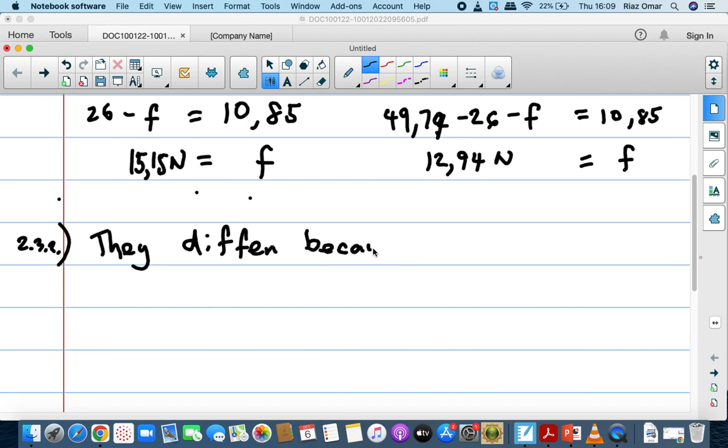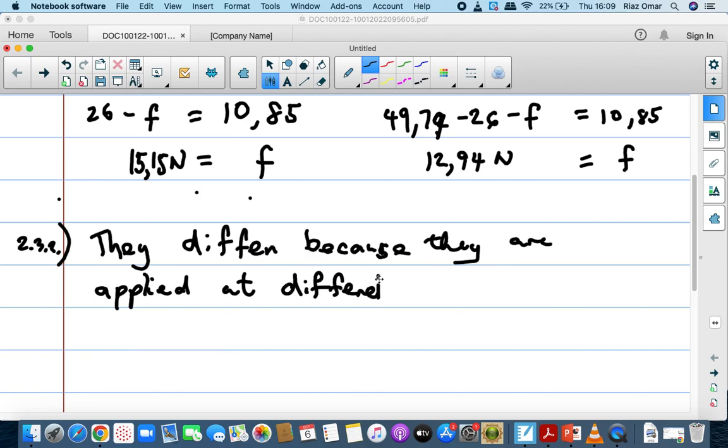because they are applied at different angles.